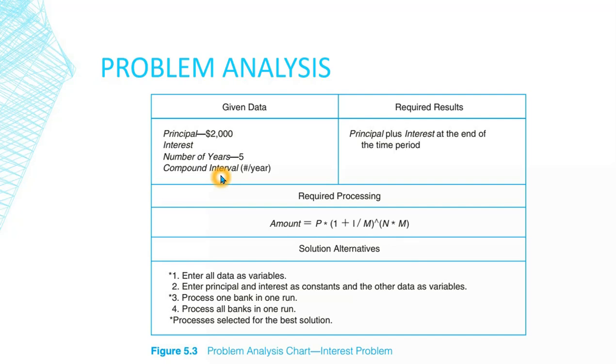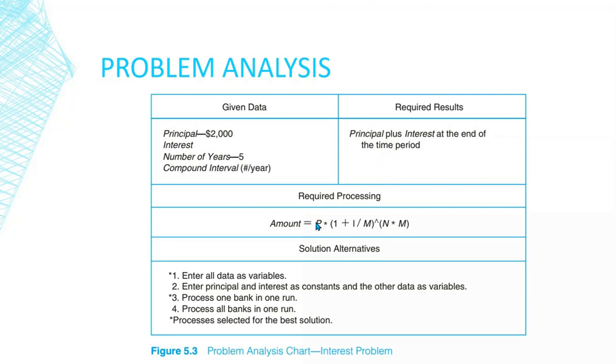So it's how many times it will add the profit to the amount. It depends on the bank. The result is the principal plus the interest at the end of the time period. So the original amount plus the profit، يعني كم قيمة الأرباح مع المبلغ الرئيسي.